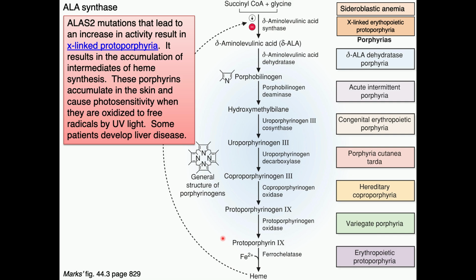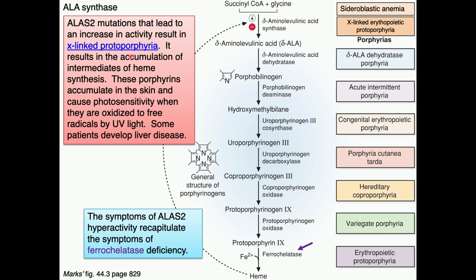And in fact, the symptomatic profile and the biochemical profile of patients with the X-linked protoporphyria recapitulates people who have a defect in ferrochelatase, so that final step. Okay, if you have a defect here, of course, obviously you're going to build up the protoporphyrin as the major product, but that's also the case with the ALAS2 gain of function mutations.